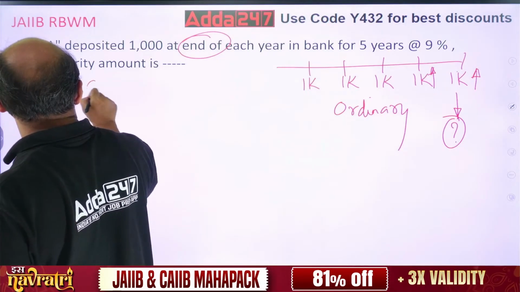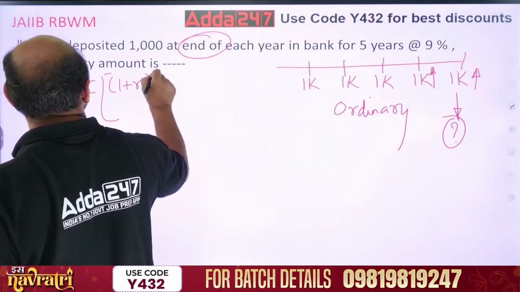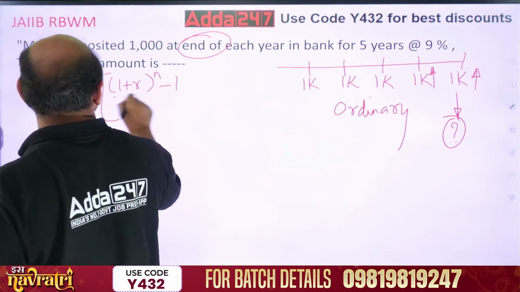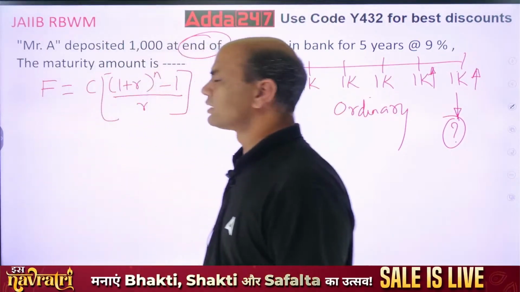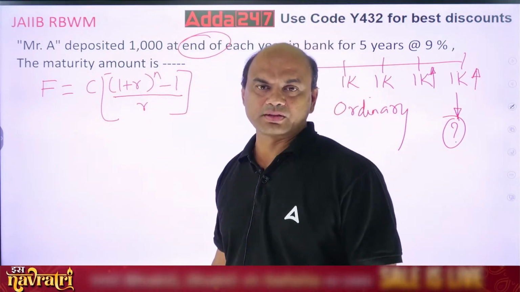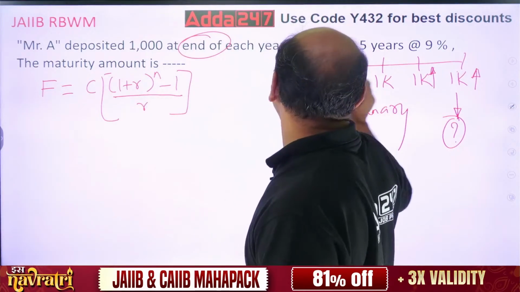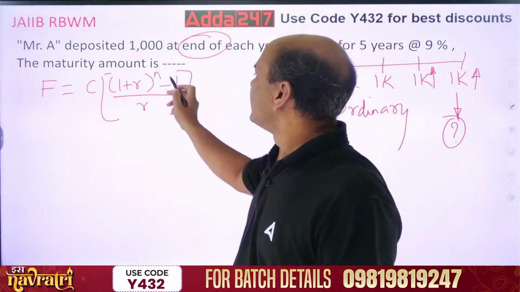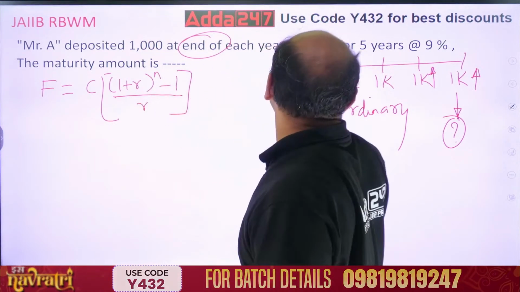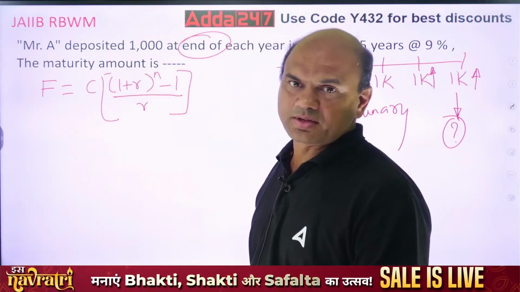F equals C into (1 plus R raised to n minus 1) the whole upon R. Now solve this. What is the ROI? ROI is 9%. Now all the figures are roughly the same. N is 5 years, R is 9%, C is 1,000. So solve it, everyone.